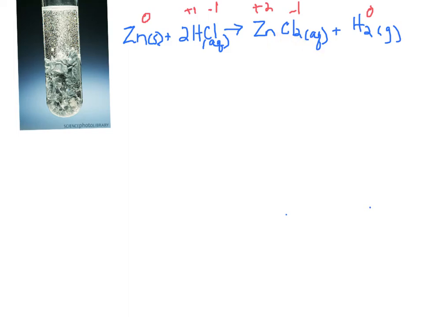So the next step in this process is going to pull out half reactions showing what happened particularly to each species. First, let's take a look at what happened with the zinc. So we started out with zinc with an oxidation number of 0 on the reactant side, and then on the product side we have ZnCl2.